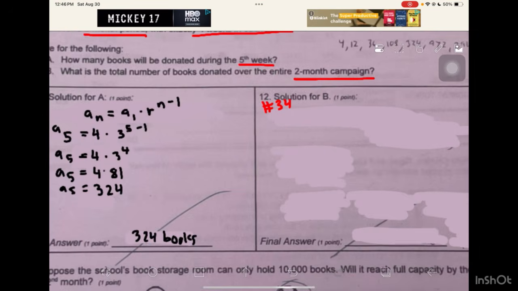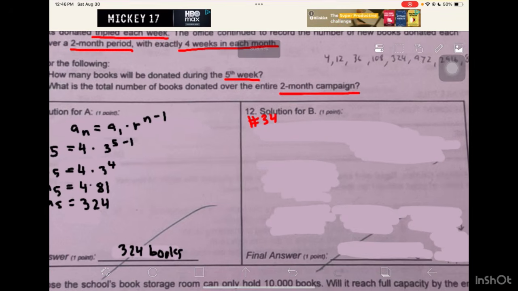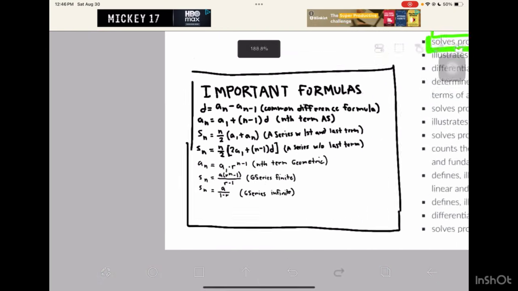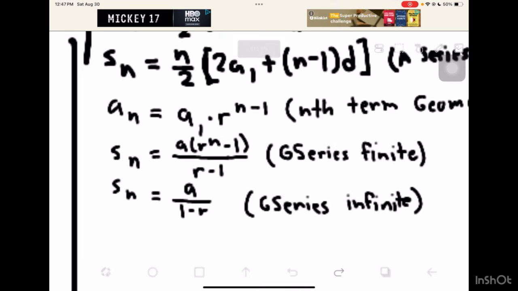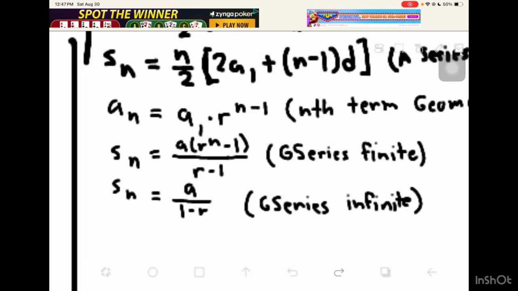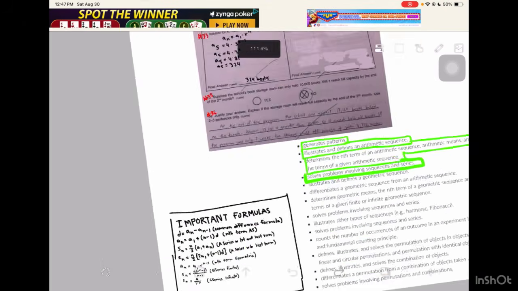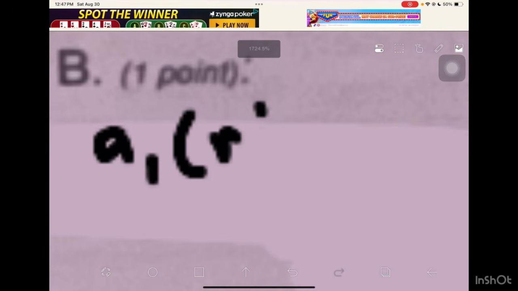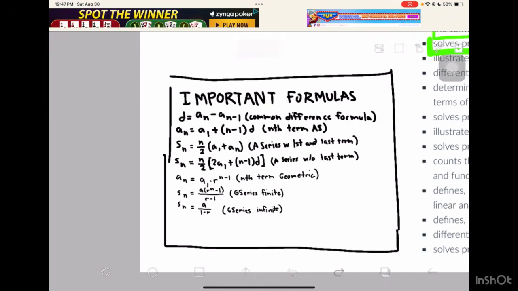Alright, okay. So, next one. What's the total number of books donated over the 2-month campaign? So we're gonna have to use another formula we haven't used, which is the geometric series finite, because we didn't go for an infinite amount of time. We went for a finite amount of time, which is 2 months. So let's copy our formula. S of n is equal to A sub 1 R raised to n minus 1 over... Wait a second.